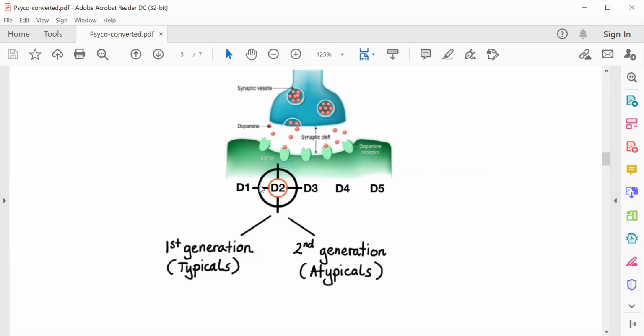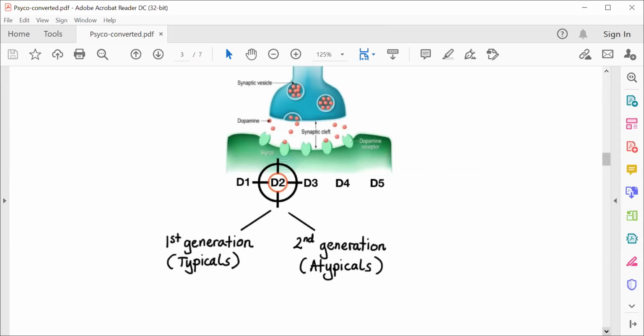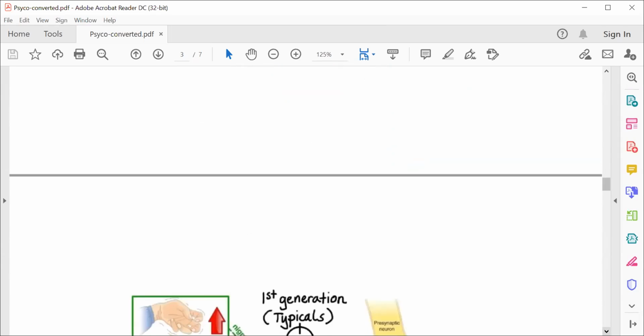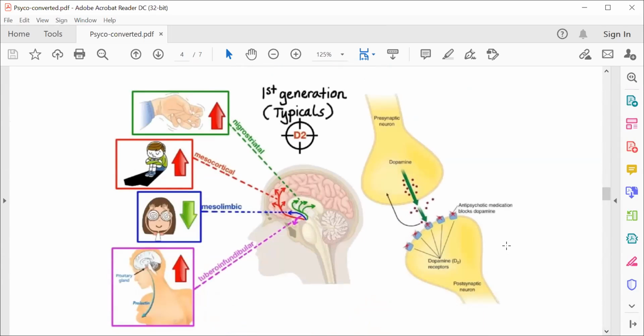So the target we need to focus on is the D2 receptor. Okay, so here I'm just giving you a brief summary of the disease. We will go into details later, just to understand how the disease happened and how the medication works.